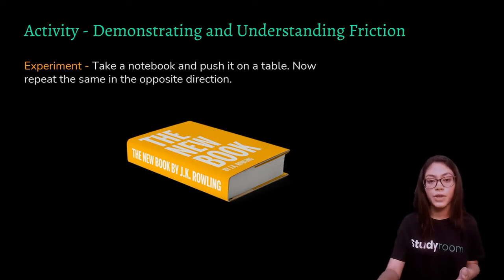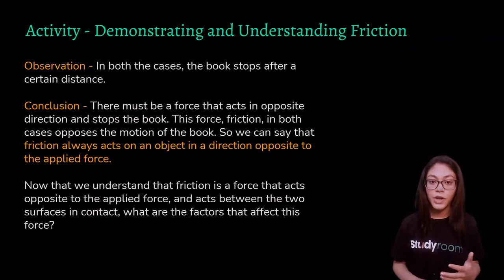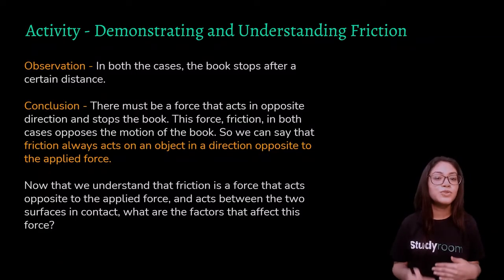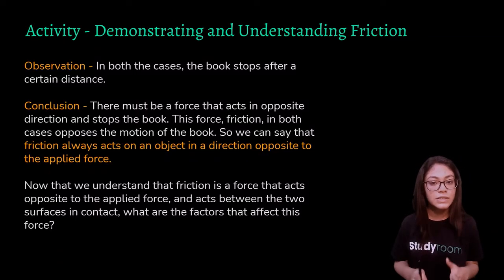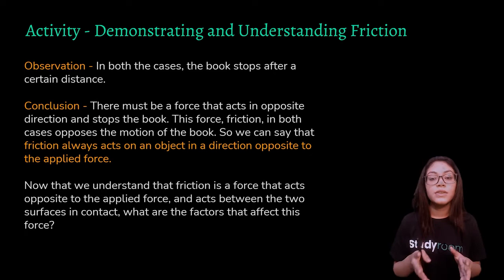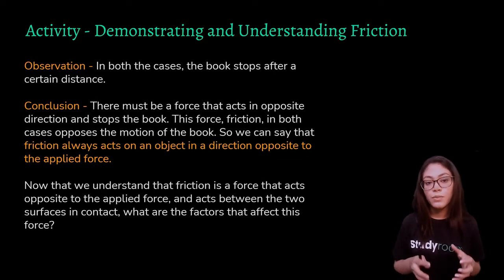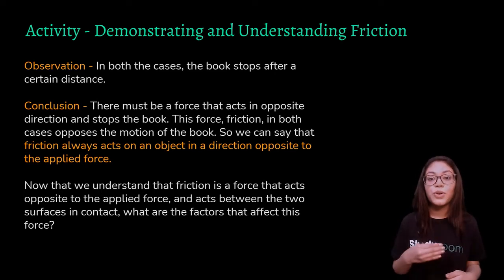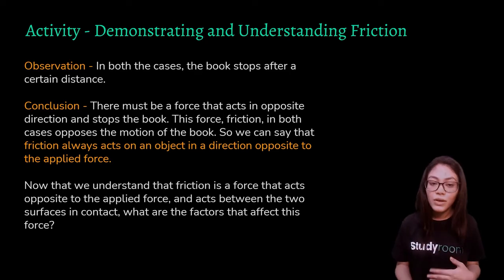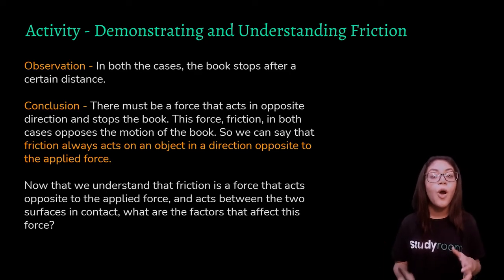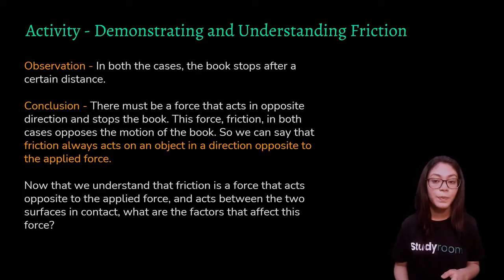Now we have done it in both directions, the right direction and the opposite direction. What do we observe then? We observe that in both cases the book stops after a certain distance. That means there must be some opposing force in both directions that will eventually make the book stop. So, therefore, we can conclude that there must be a force that acts in a direction opposite to the direction of motion of the book and it stops the book.